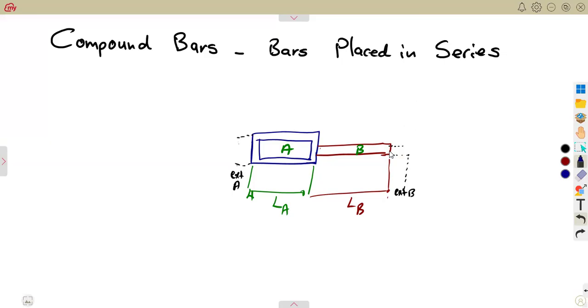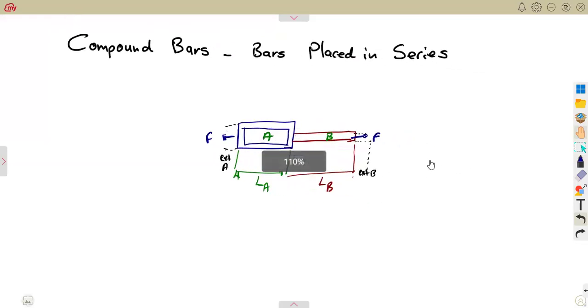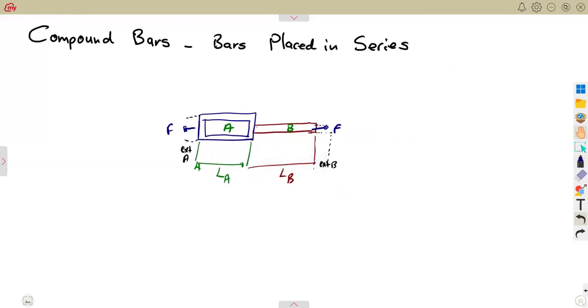It is the force. Remember that if we consider a force being applied this way, the force here is the same as the force here. So that part is the same. The extension, A has got its own, B has got its own. It's no longer the same.